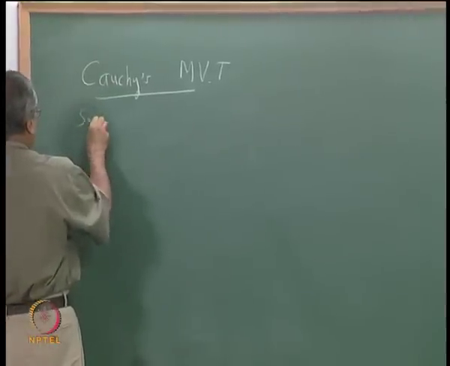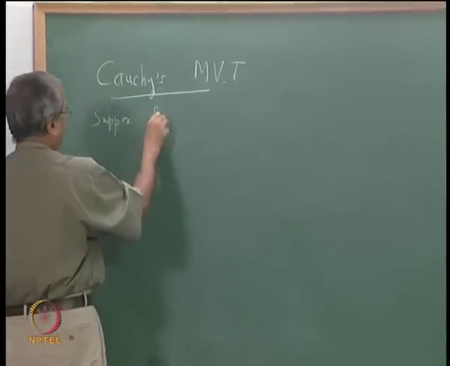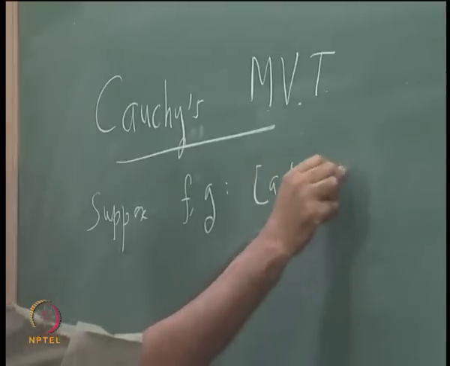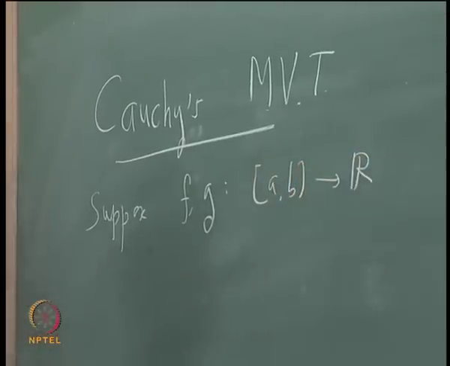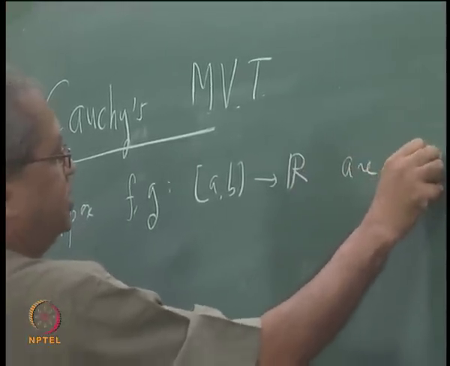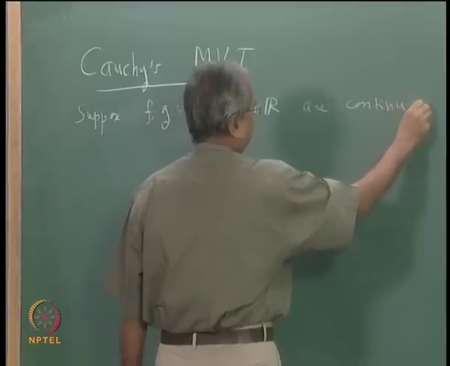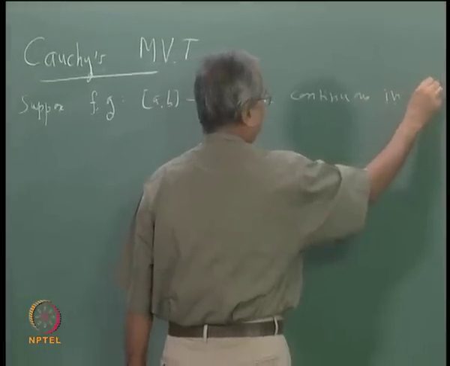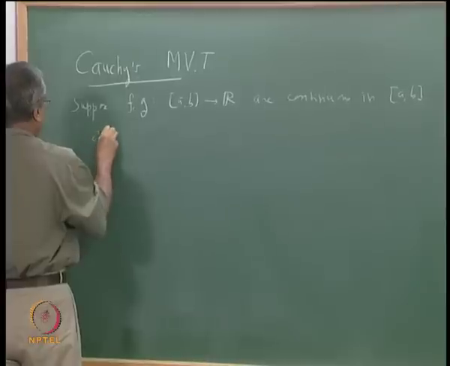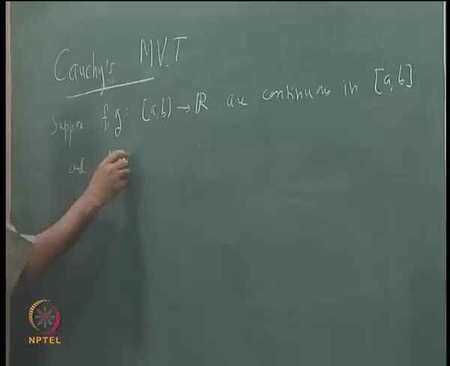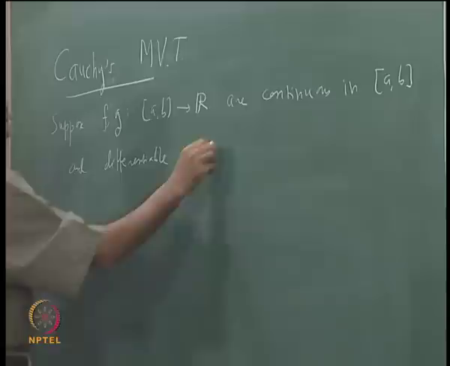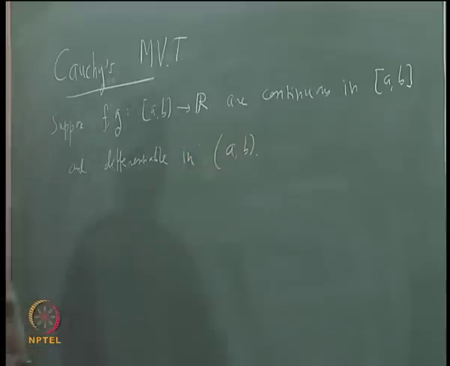Suppose f and g, these are two functions from [a, b] to R, are continuous. Again the assumptions are similar: continuous in this closed interval [a, b] and differentiable in the open interval (a, b).